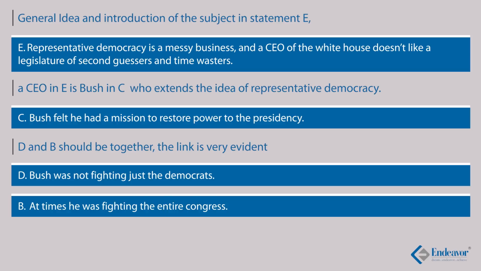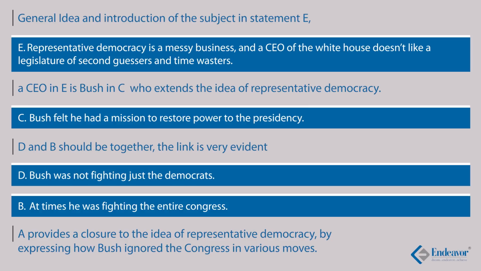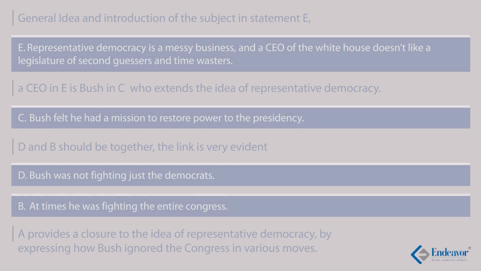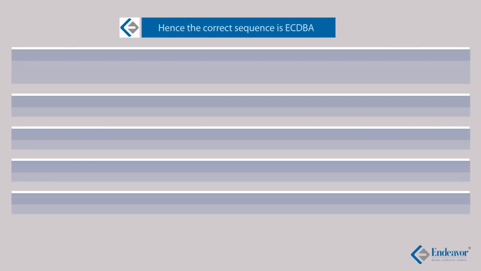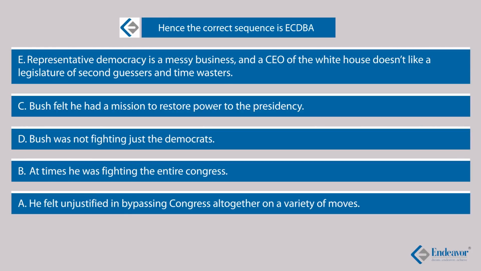So D and B talk about the same action, that is fighting, and the phrase 'at times' in B actually decides that B has to succeed D. So when I have the EC link and the DB link, let's look at sentence A. A provides a closure to the idea of representative democracy by expressing how much Bush ignored the Congress in various moves. The right sequence is E, C, D, B, A.